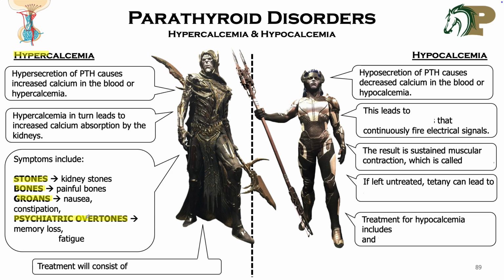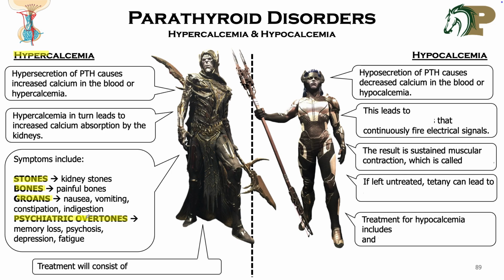Okay? Groans: nausea, vomiting, constipation, and indigestion because of all of the calcium in the GI tract. Psychiatric overtones is going to be memory loss, psychosis, depression, and fatigue because of all of the calcium depositing in the brain.